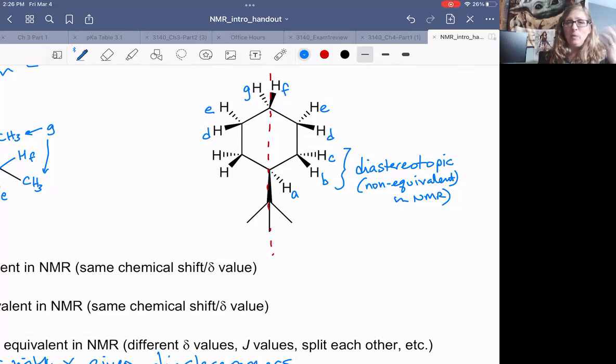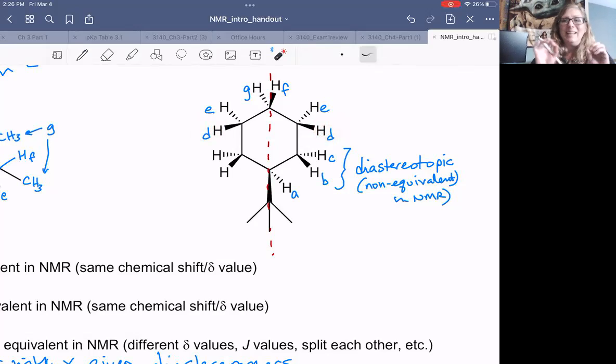Now, if I did that replacement test, and I put a chlorine here, or I put a chlorine here, would I get the exact same compound? I would not. If you draw those out and compare the two, you would see that they are actually mirror images of each other. They are non-superimposable mirror images.